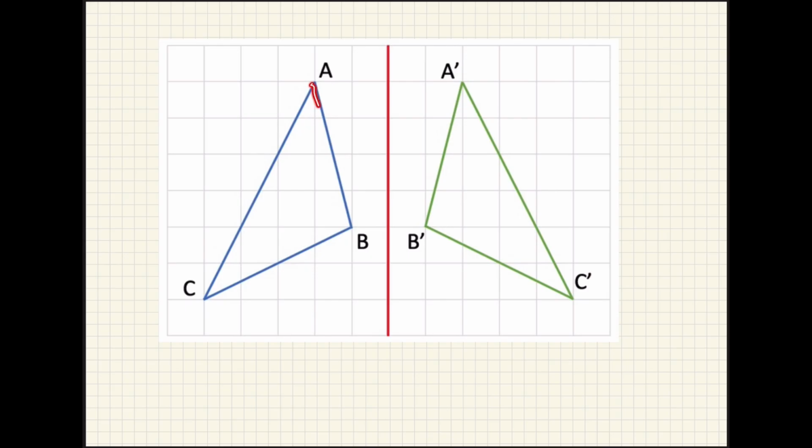So, triangle ABC is transformed or mapped onto triangle A prime, B prime, C prime. Okay? So the first thing that you need to know is the figure that is transformed is called the object. So what is an object? The figure that is transformed.